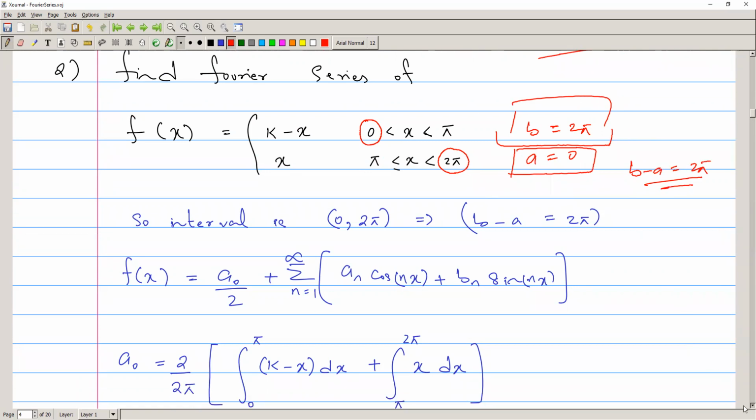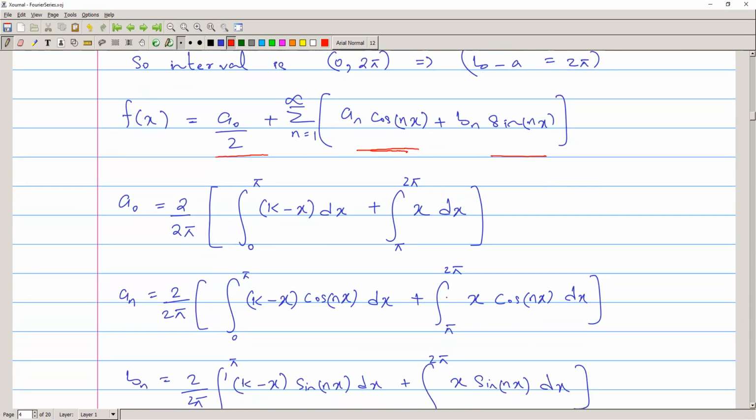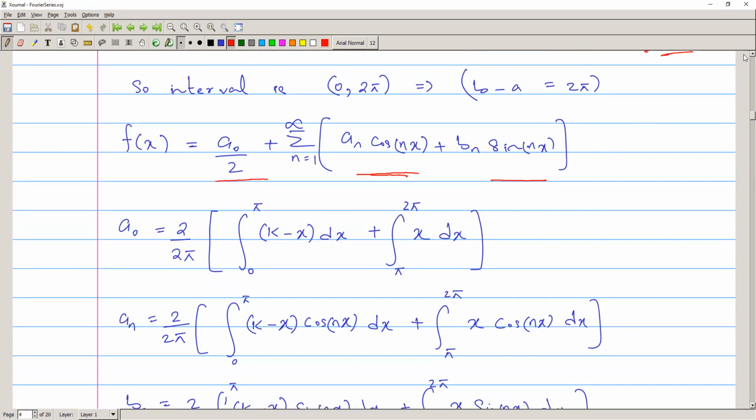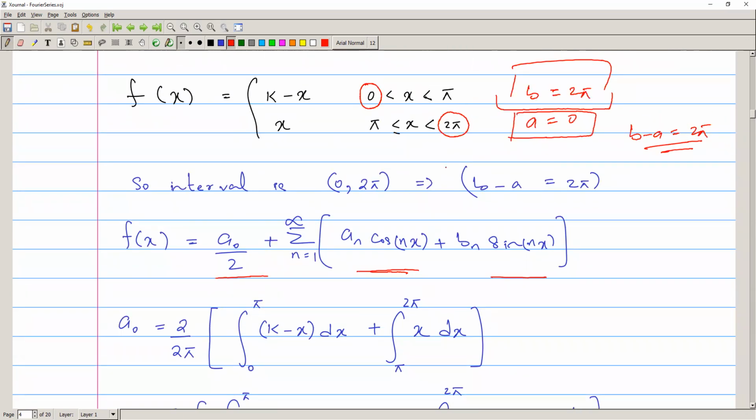So again, the series will be generated in this manner. We talked about this series in previous problems. Now, how to find the coefficients? It's a similar manner, 2 over 2 pi into the integral of, now it's piecewise, so we will integrate it piecewise, right? First from 0 to pi, and we know that the value is k minus x, so we apply k minus x, limit 0 to pi.